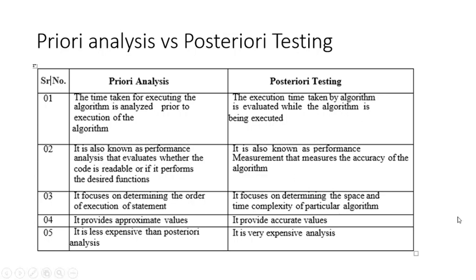Space and time complexity is one of the major important topics in algorithms, because till the end of unit 5 we are going to discuss space complexity and time complexity.